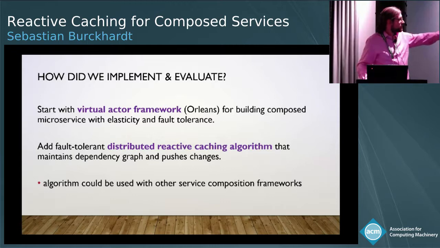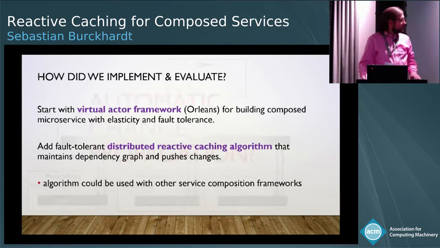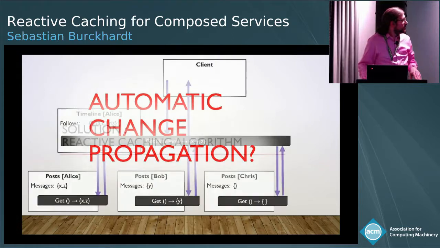And then we add the algorithm piece, which is what we call reactive caching. This is really the part where we maintain caches of calls, and we maintain their dependencies, so we know when they change. Let me illustrate this a bit.